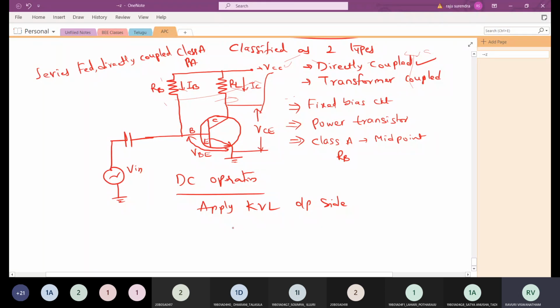Now tell me, VCC is equal to ICRL plus VCE. From this, I want to find out the collector current.